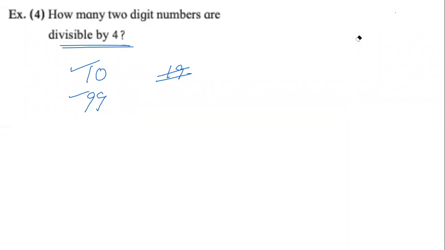Okay. Everything can be divided by everything, right? But we say it is divisible only when the remainder is 0. So can be divided by is not the answer. When we divide, the remainder is 0. That is the answer. Good. So with this information, you can try to solve this question also. Let us look at some other questions.